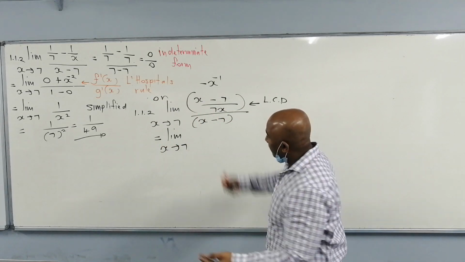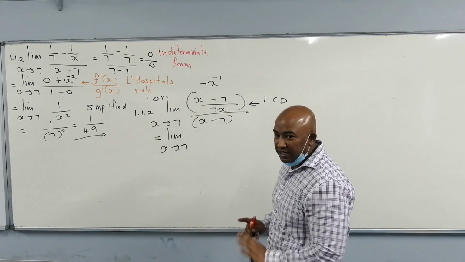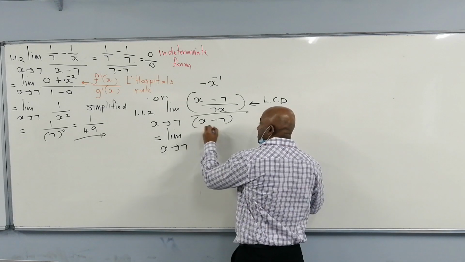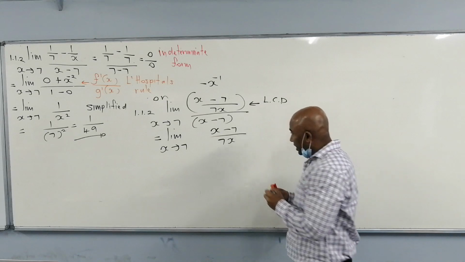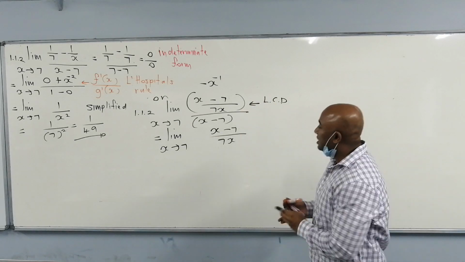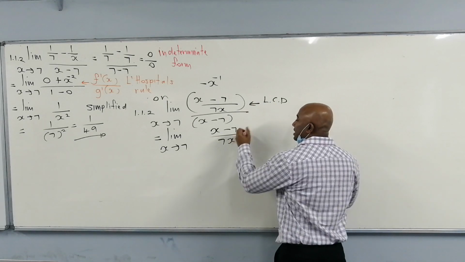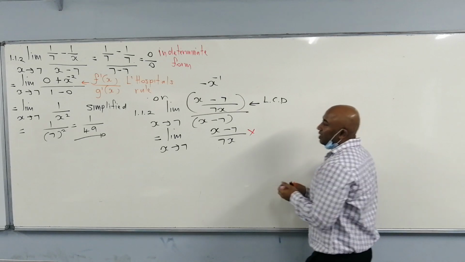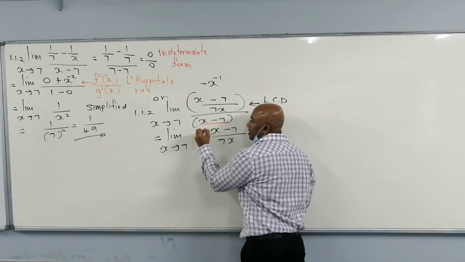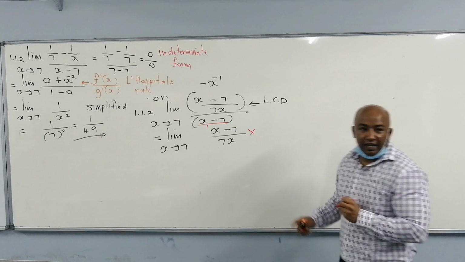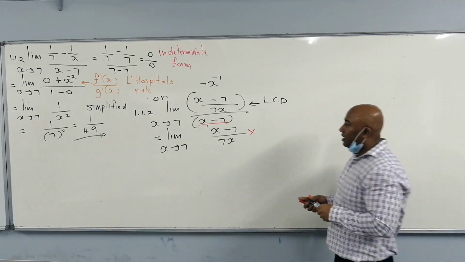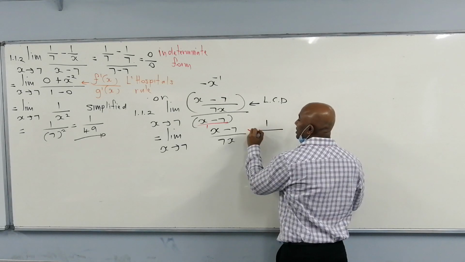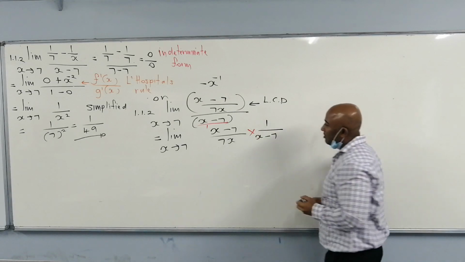So now again we have a fraction divided by a fraction. You can see there's a lot of fractions involved here. So I've got x minus 7 all divided by 7x, and then this division sign will change to multiplication. And remember, this is x minus 7 all divided by 1 as it stands there. When that division changes to multiplication, it will become 1 over x minus 7.